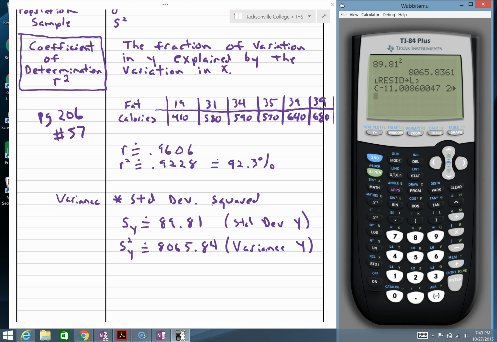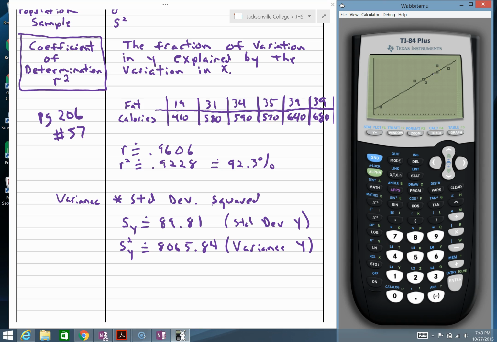Now I can go to stat, and in list 3 is going to be my residuals. The first residual is negative, the second one's positive, the third one's positive. Let's take a look. First one's negative, it's below the line. Next one's positive, next one's positive. The residual, remember, is y minus y hat. All right. So each one of those are just these little y differences in here.